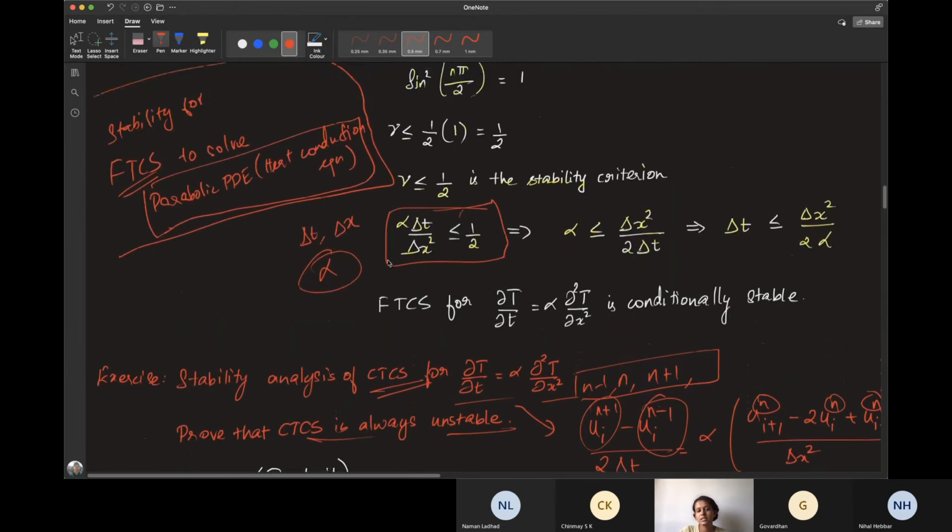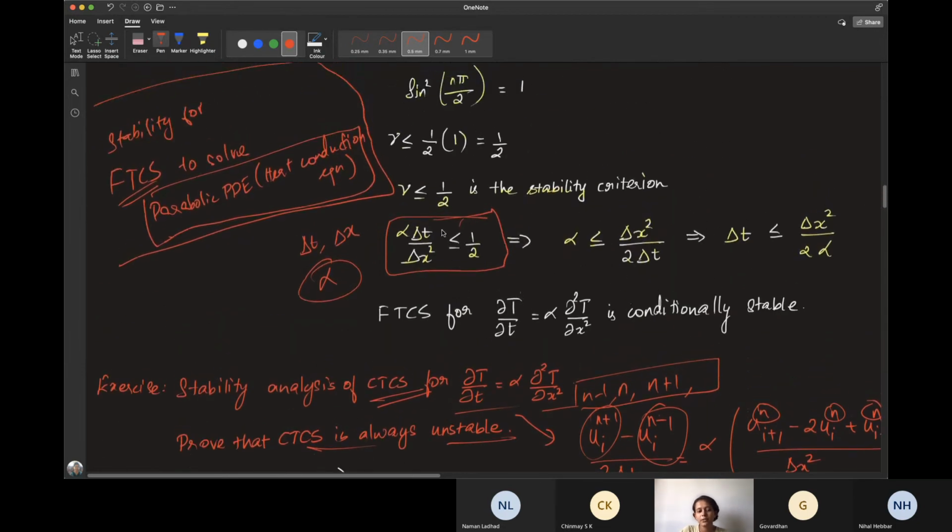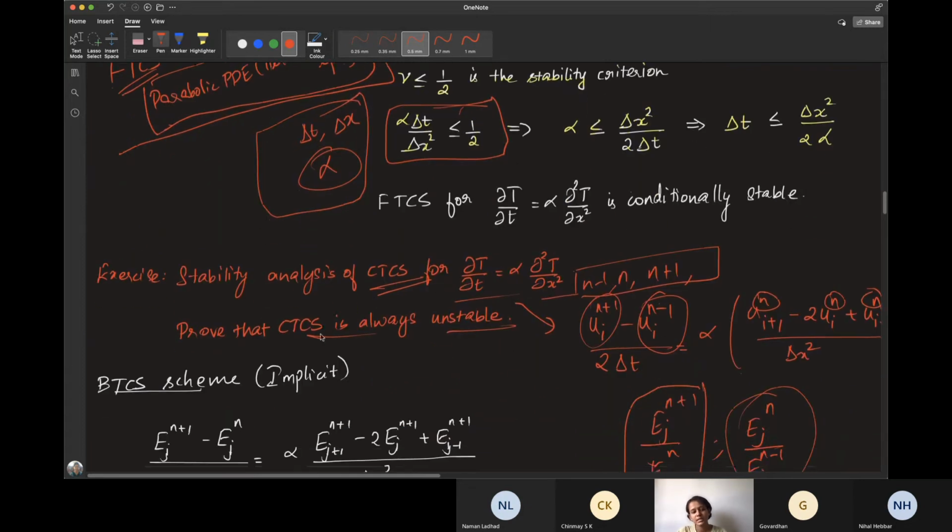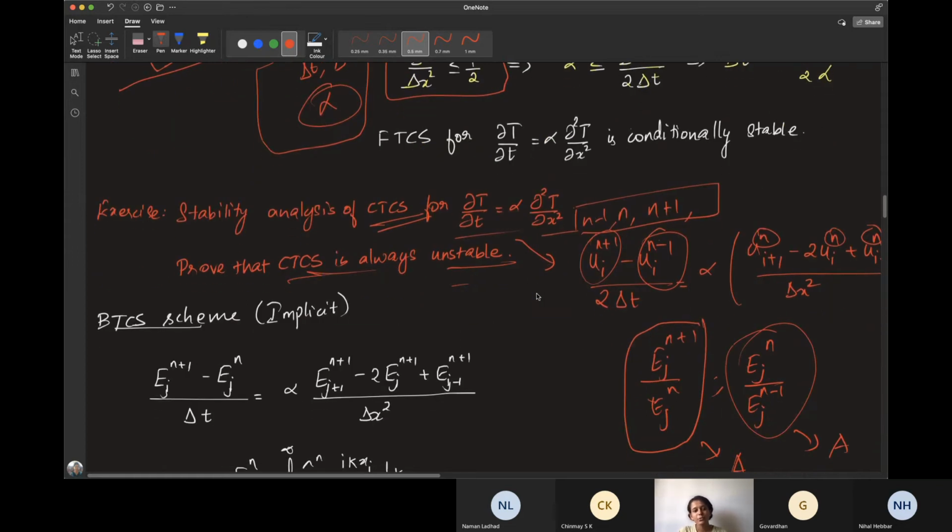At least in FTCS, you could impose some condition on delta t and delta x to bring about stability. But in CTCS, it's always unstable. You cannot impose any conditions to make it stable. So we call it unconditionally unstable. That necessarily is always unstable only. We cannot impose any conditions to make it stable.